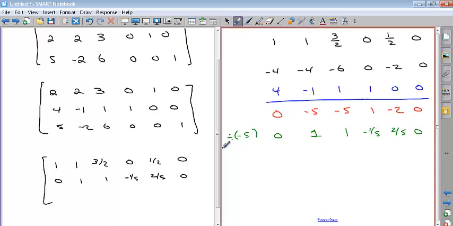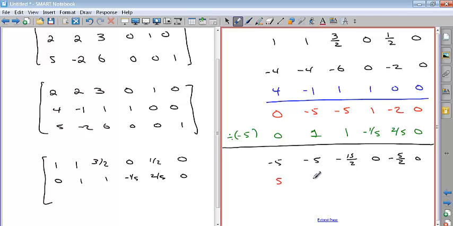Okay, now I'm going to take the first row again and we'll multiply by -5. So I take these and I multiply by -5. So I'll get -5, -5, -15 halves, 0, -5 halves, 0. Then I'm going to add that to the third row, which is 5, -2, 6, 0, 0, 1.